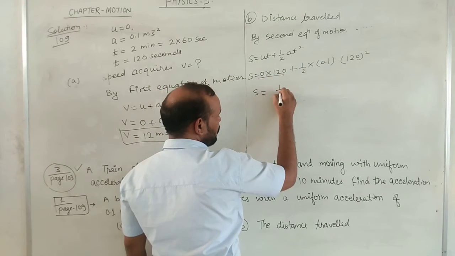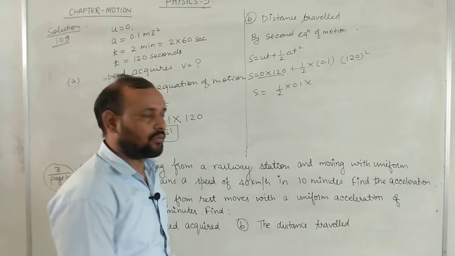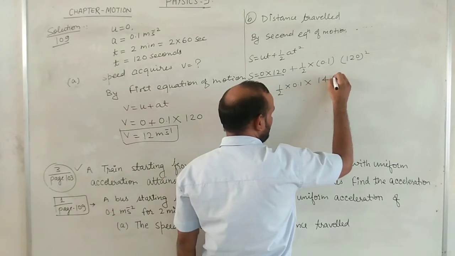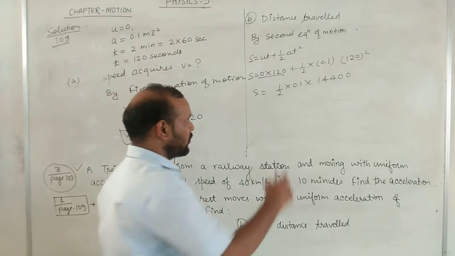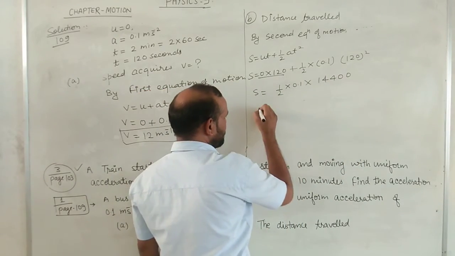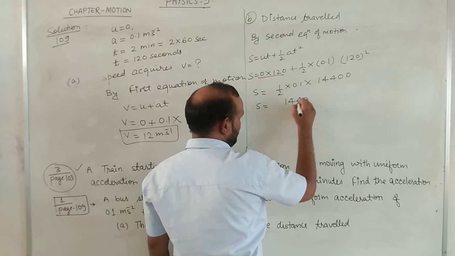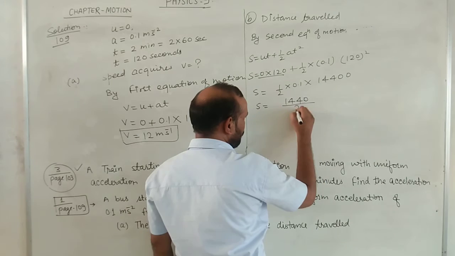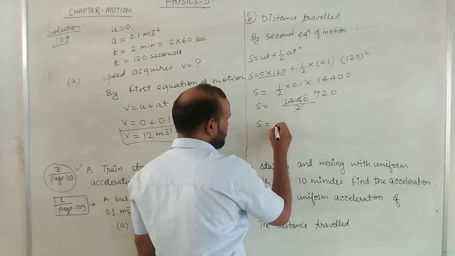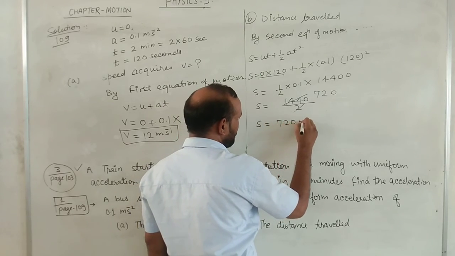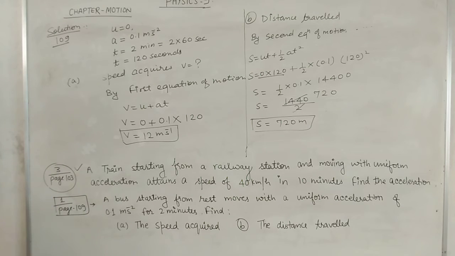Here is 1/2 into 0.1 into 12 12s are 144, and 0 square 2 times of 0. Look, multiplying by 0.1 removes one decimal digit. This you obtain 1440 upon 2. Dividing, 7, 2, and 0, means distance traveled is equal to 720 meter.